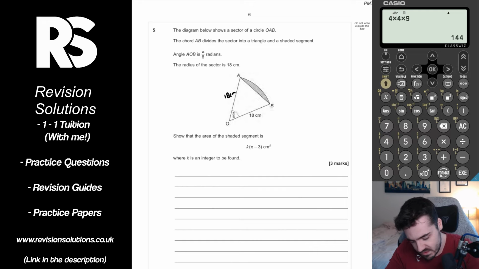Okay, well, to find the shaded area, we can think of it as the whole sector minus the triangle.